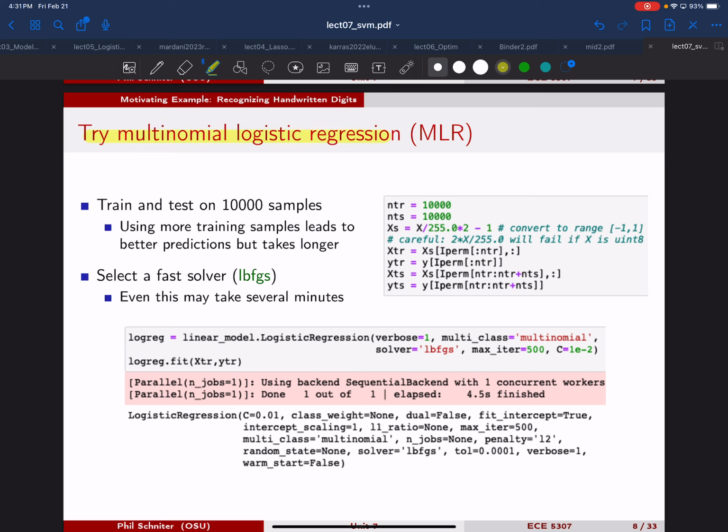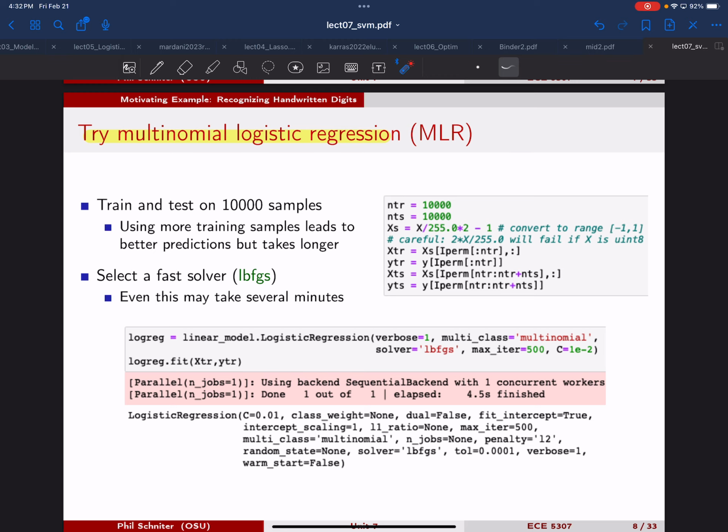So let's try that. Because this is a big data set, it takes a bit of time to actually learn the weights and the biases. We're actually going to just focus on a smaller subset of 10,000 samples. We'll use 10,000 samples for training and then 10,000 for testing.